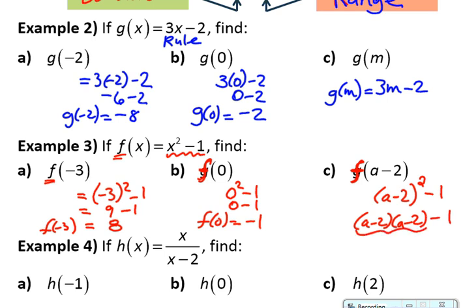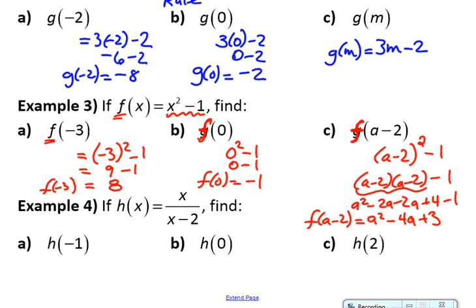This multiplies to be a squared minus 2a minus 2a plus 4 minus 1. And simplify, vocabulary word, simplify, that gives me a squared minus 4a plus 3. So f of a minus 2 is equal to a squared minus 4a plus 3.